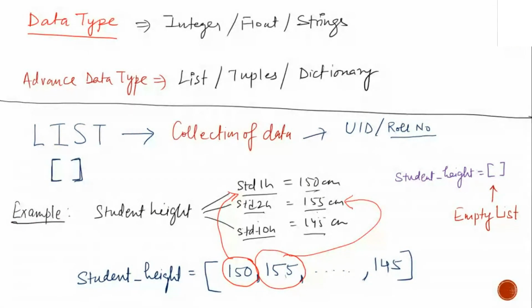If you don't have any values yet and you want to make it a list, you can just define the empty list, and then whatever values you get, you can simply insert into the list.